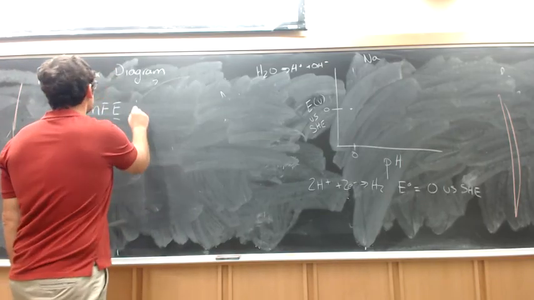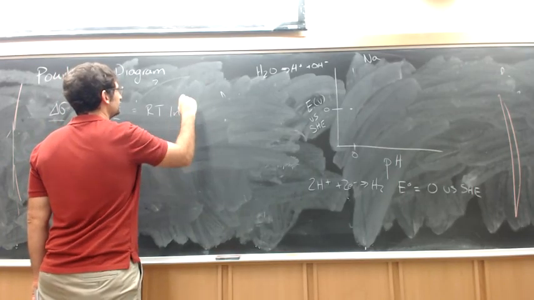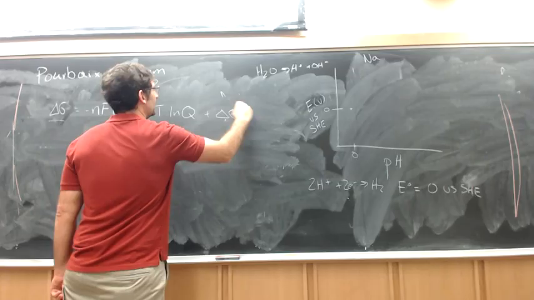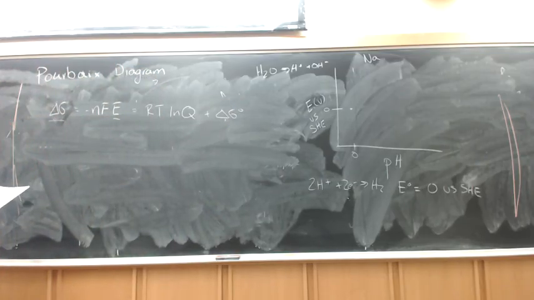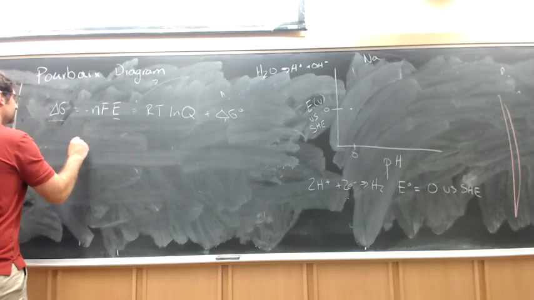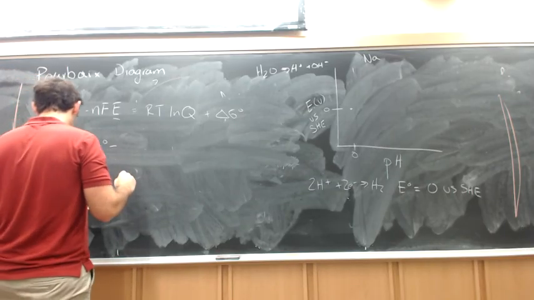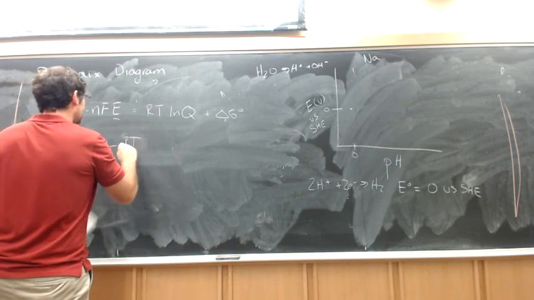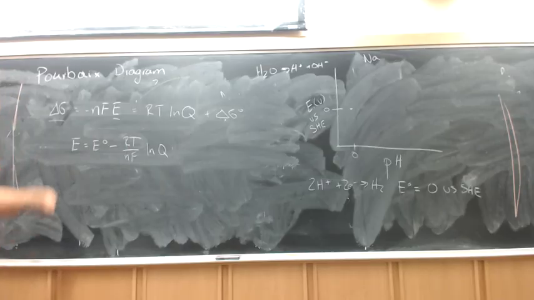And then we know that that's equal to RT ln Q plus delta G naught, right? And so we can write the Nernst equation, E equals E naught minus, the sign is right, RT over nF ln Q. So that's just plugging these things in there.